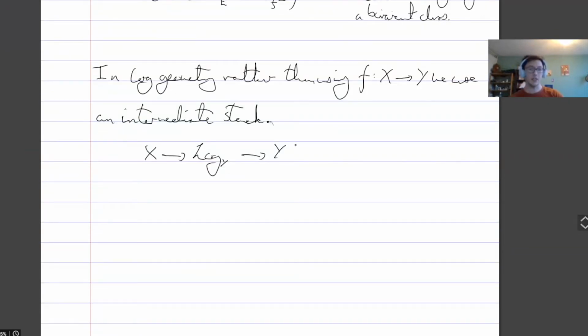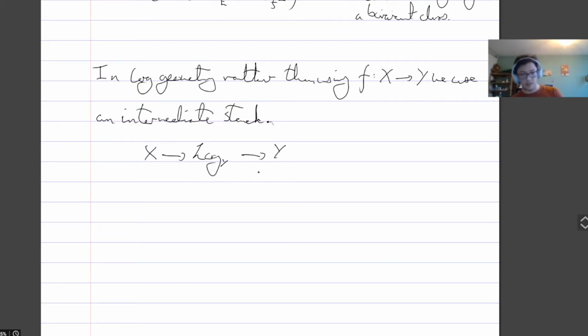In nice cases, log Y and Y are themselves birational, and that allows you to work around a variety of the issues. But in general, this construction falters at this point.